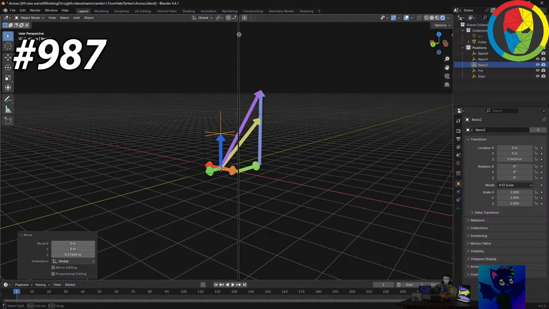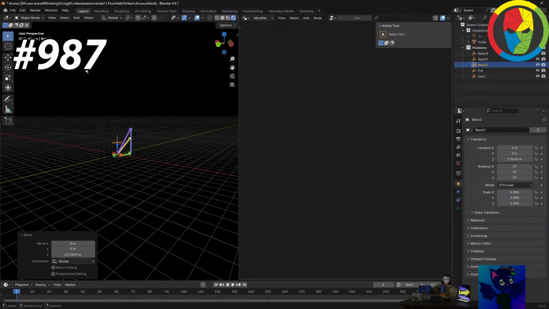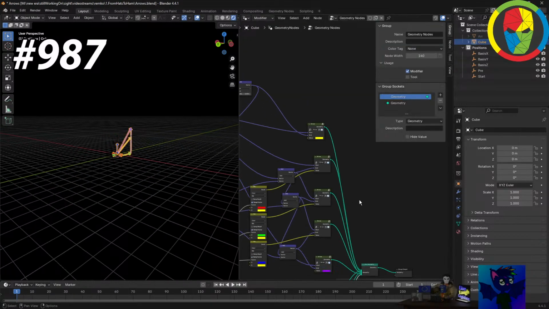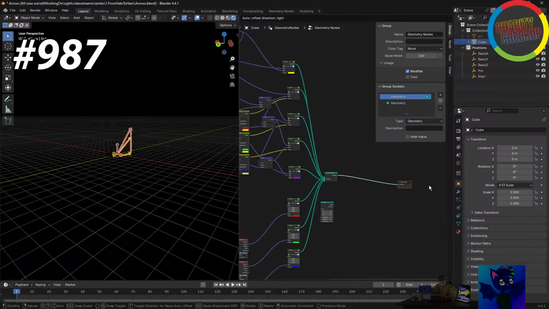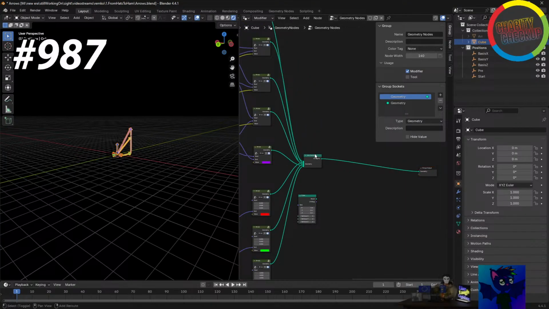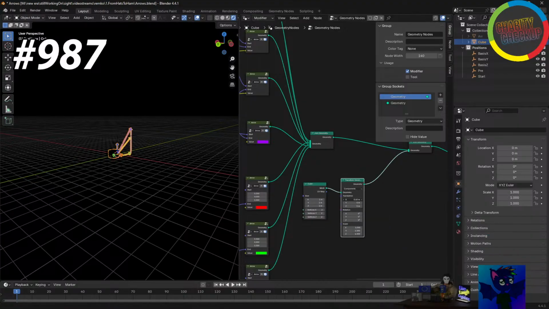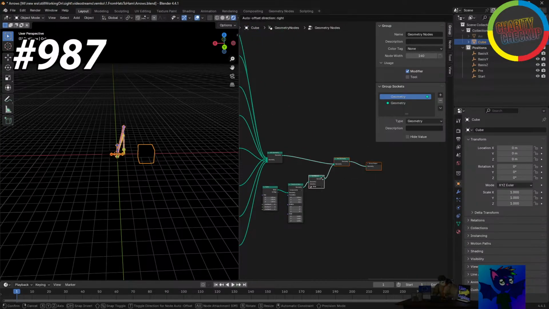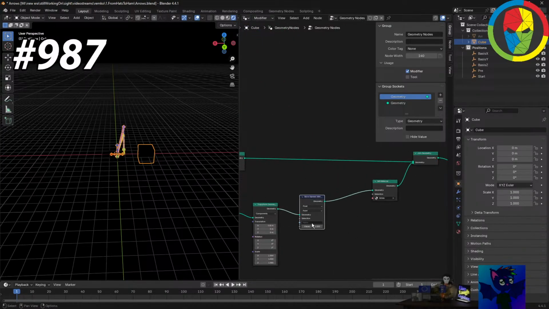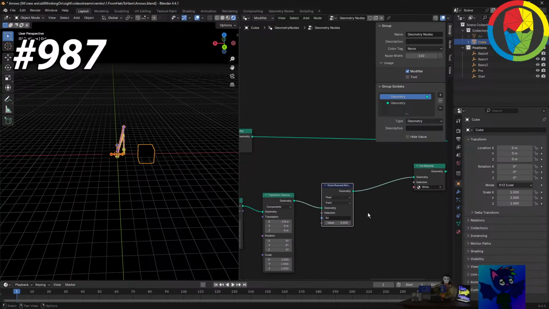Oh, I remember what I was supposed to do. Basically, oh, but I don't know if it's gonna work in Eevee. Shucks, gosh dang it. Because the whole point is that we will not be working in a physical space, we will be working in a color space. So we will need a cube right here. Store named attribute brightness.